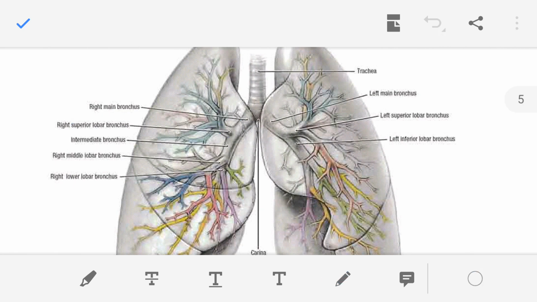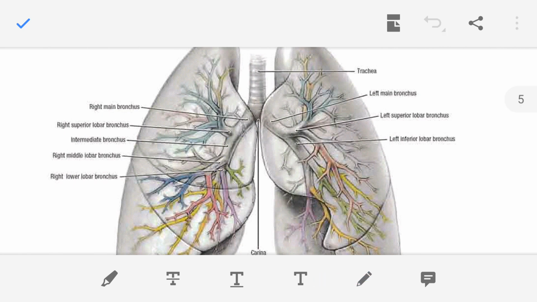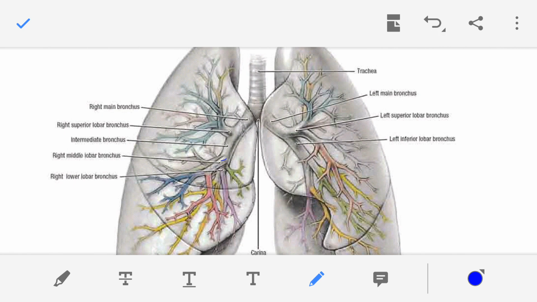Then this is the intermediate bronchus, and the intermediate bronchus bifurcates into 2 branches. One branch is going into the middle lobe, so that is known as the right middle lobar bronchus, and the final one which is going into the third or inferior lobe of the right lung is known as the right inferior lobar bronchus.